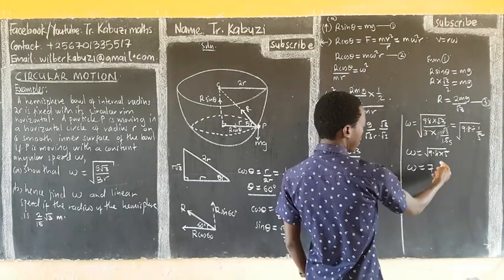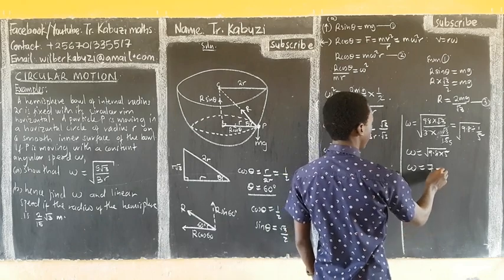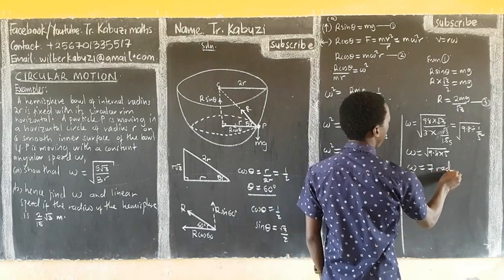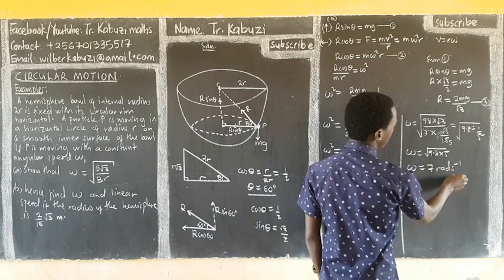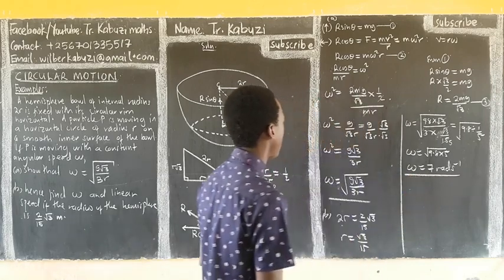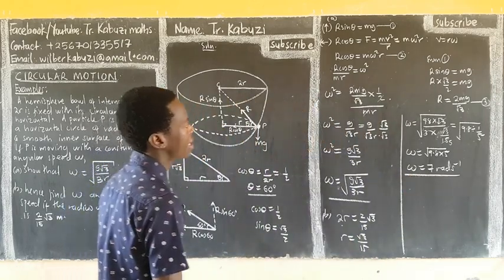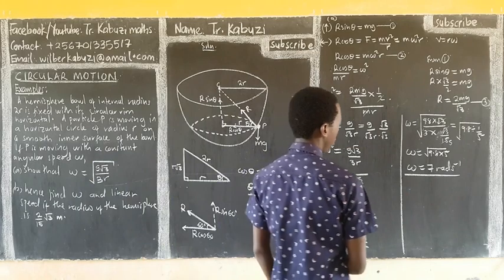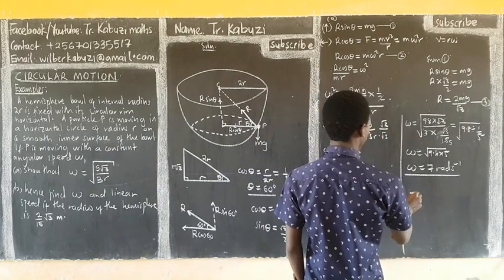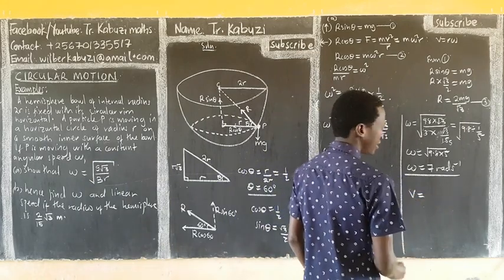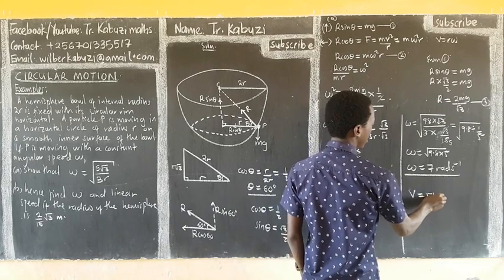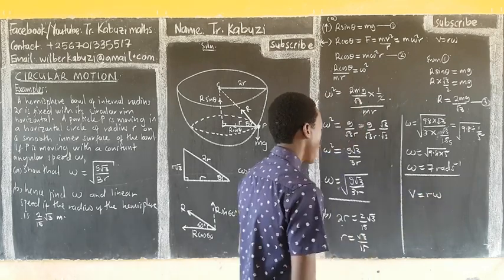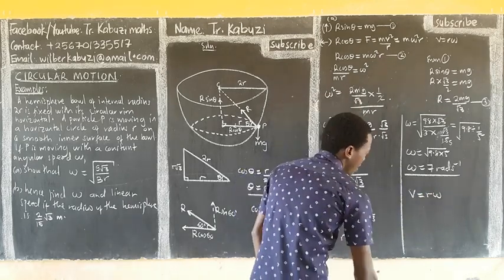Is it because this is going to give us 49? So the unit is rad per second. That's our omega there. After getting that, you can establish that the linear velocity is given by radius times the angular velocity.